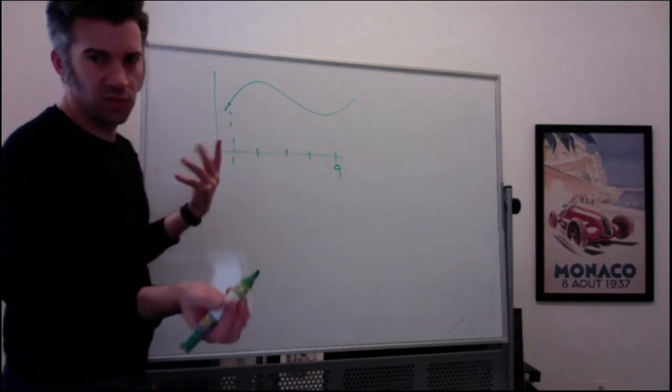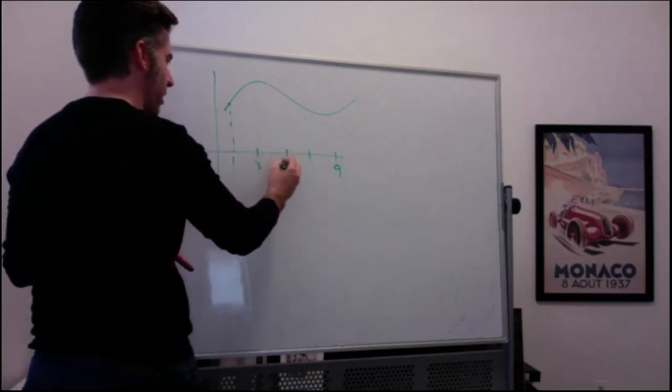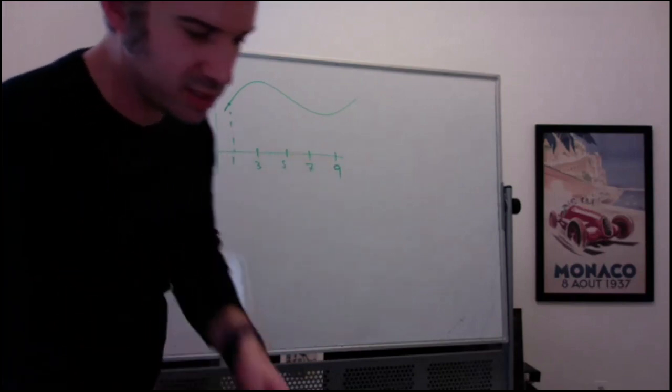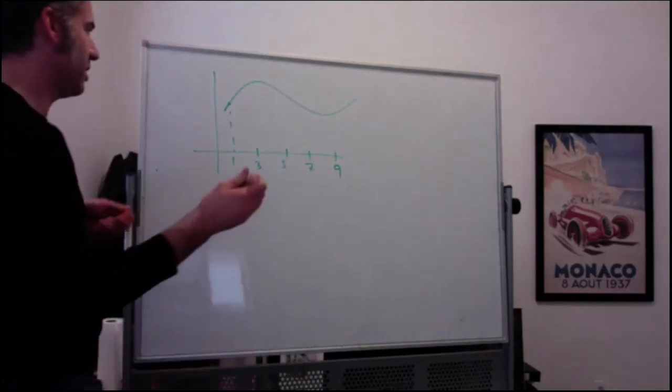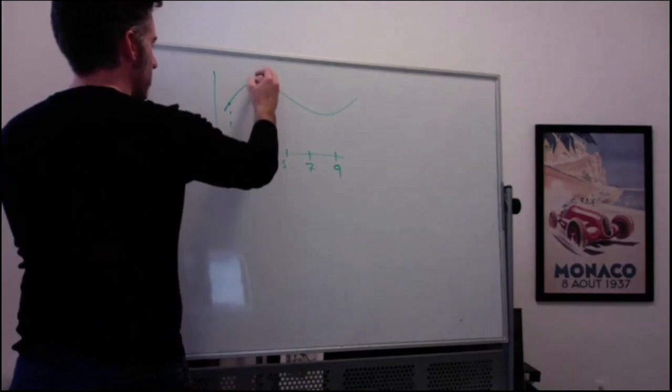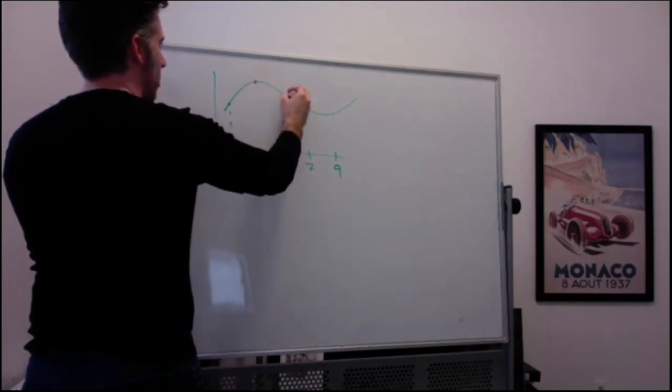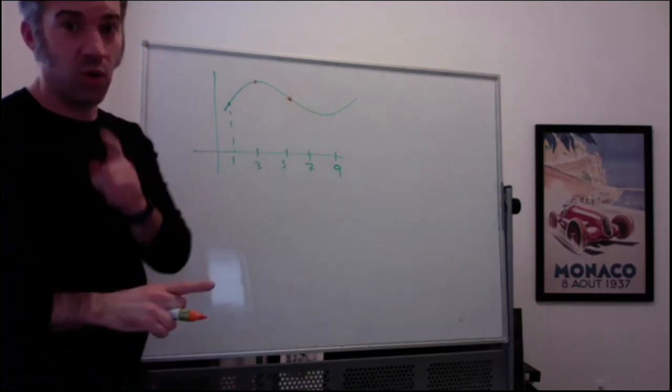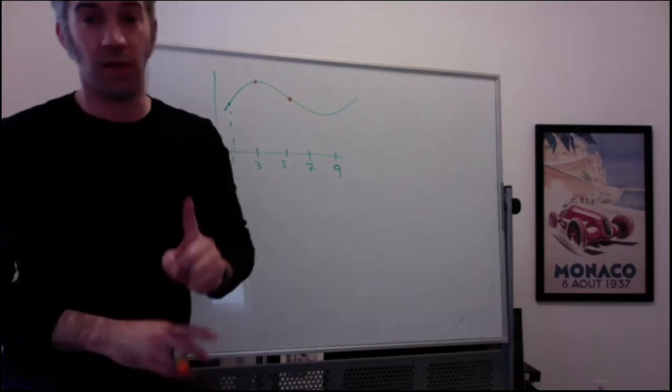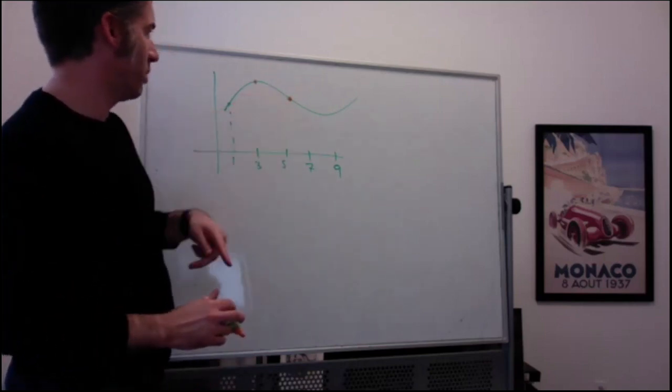So they're each two long: 3, 5, 7, right? And what Simpson's method does is they essentially say, okay, from here to here, there's one and only one parabola that goes through those 3 points.